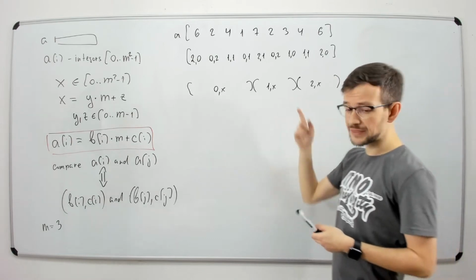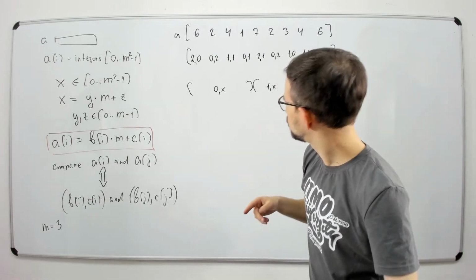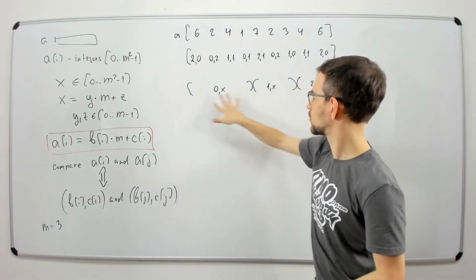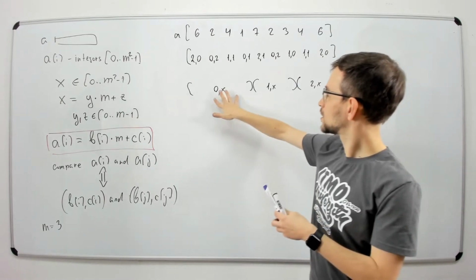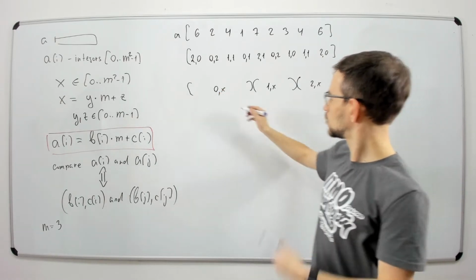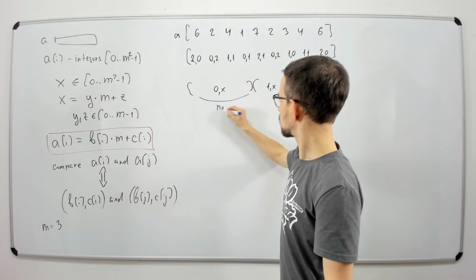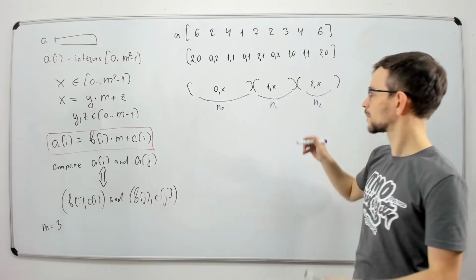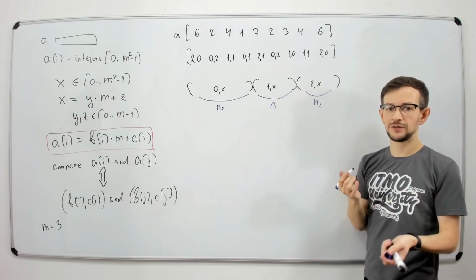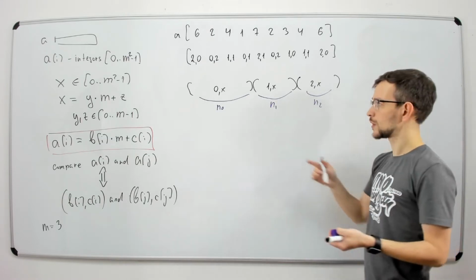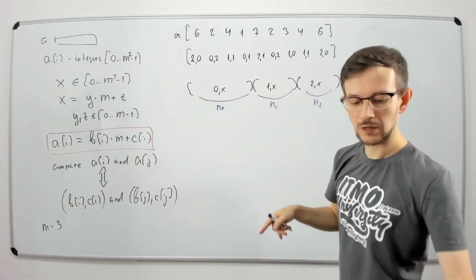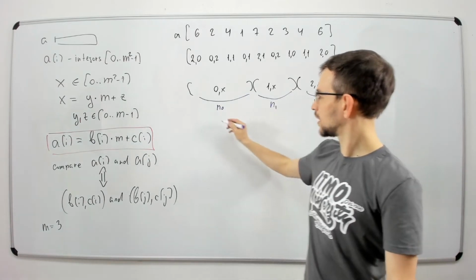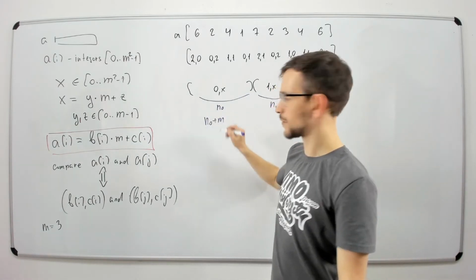But if you do it like that, you will get this plus m in all these blocks. So let's say we have n0 elements here, n1 elements here, and n2 elements here. So what will be the time complexity of all this sorting? To sort this array, you will need n0 plus m operations.